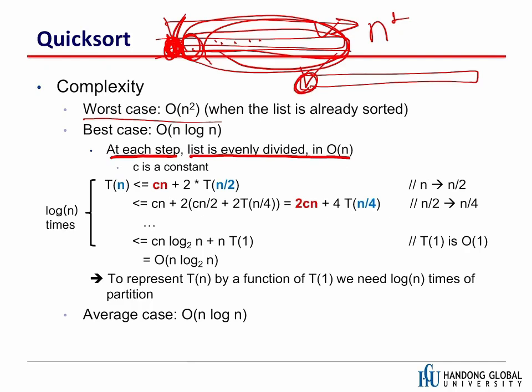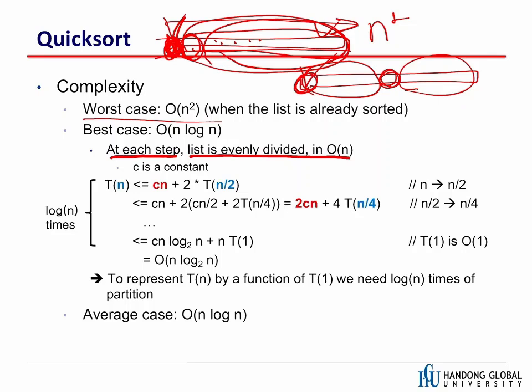After partitioning, this one will be here, and we have n over 2 elements on the left side and n over 2 elements on the right side. So after partitioning, the left side and the right side have the same number of elements. That's the best case.